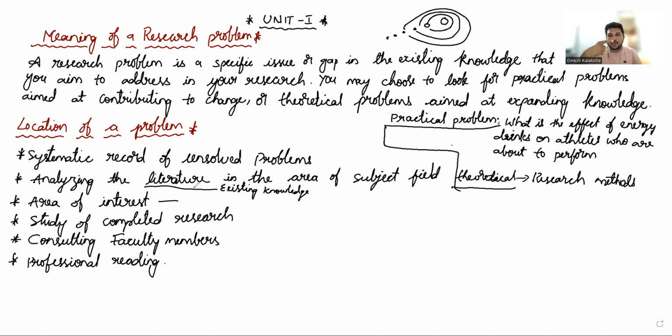You have sports medicine, sports psychology, test and measurements, physiology, sports training, and nutrition. A number of streams in our subject. So for area of interest, you need to find out where you are very much interested. For example, if you are interested in exercise physiology or sports physiology, then from that only you have to choose a topic.